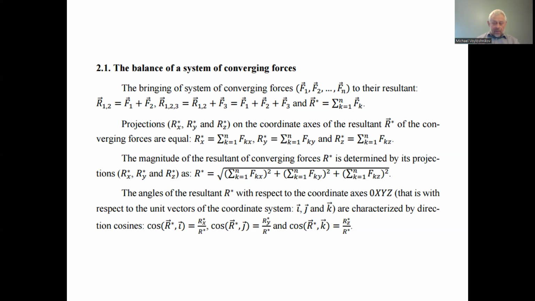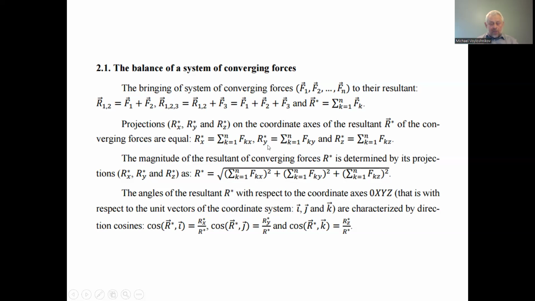It can be expressed through the resultant's algebraic magnitude. To find it, we first find the projections of the resultant on the axes. The projection of the resultant on the x-axis equals the total of projections of all forces on the x-axis.